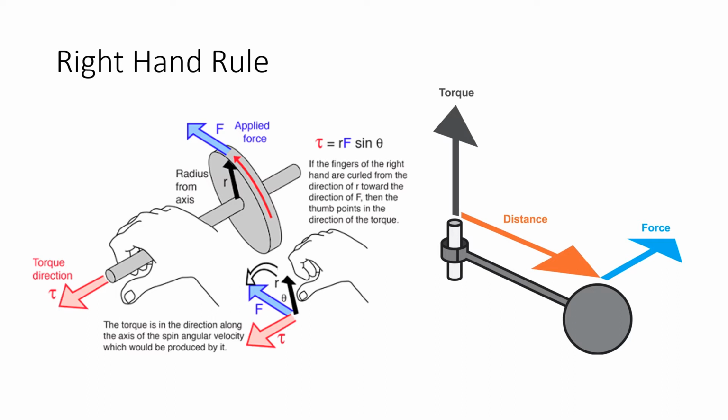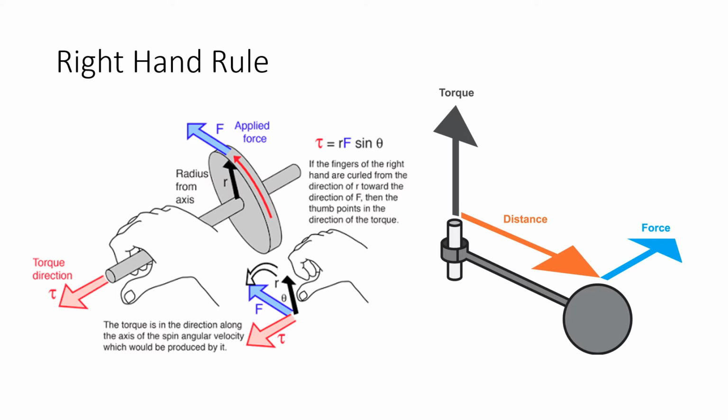Then I curl my fingers in the direction of the force that's being applied. So is the force pointing up or pointing down? In this case, it's pointing up, so I have to curl my fingers up. And so that means we have torque pointing this way.